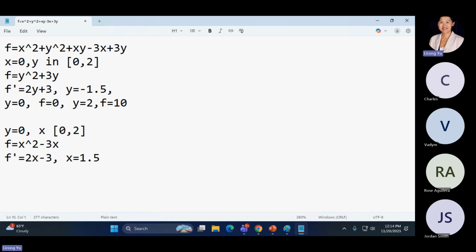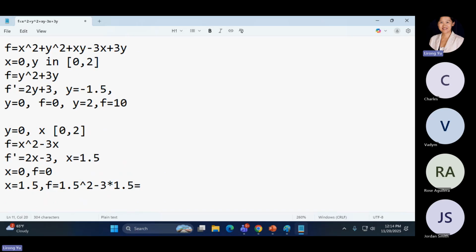So now we have our calculation of the x values. When x equal to 0, then f also equal to 0. That seems to be the maximum on this edge of the triangle. For x equal to 1.5, you find f equal to 1.5 squared minus 3 times 1.5.